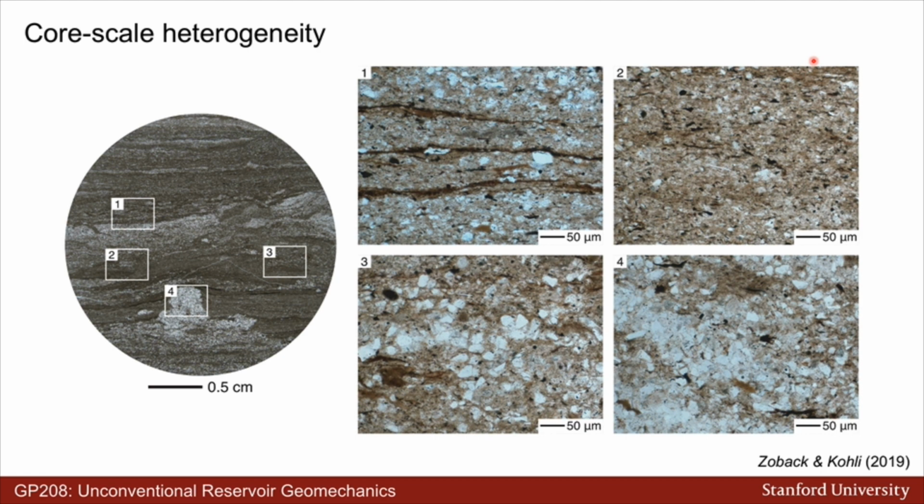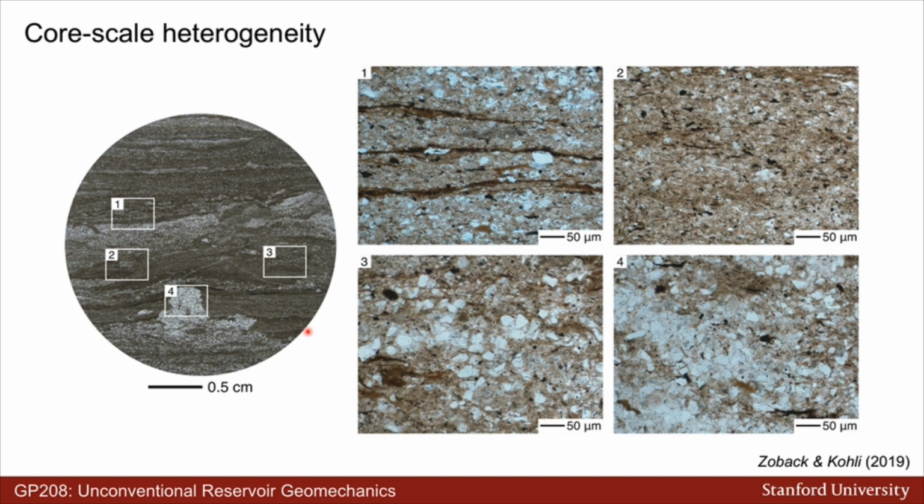Another point that's important to consider, and we looked at it briefly in terms of heterogeneity inside the reservoirs on the scale of meters or tens of meters, is the fact that even within these core samples, so on the left is a vertical image of the face of a laboratory core sample that we'll be talking about elastic properties from later, you can see that, and again, this is what we call a horizontal sample, because the core axis, which is now in and out of the page, is parallel to the bedding plane, which again is horizontal in this image.